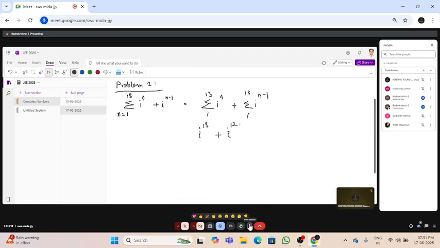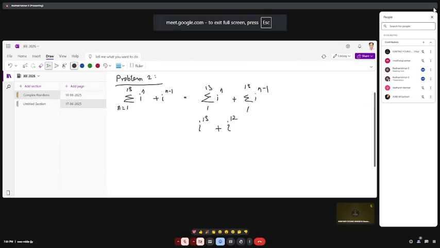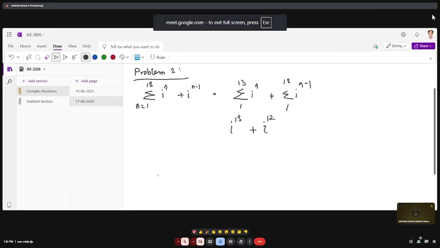So we can simply rewrite this as i^13 + i^12. And what is i^13?